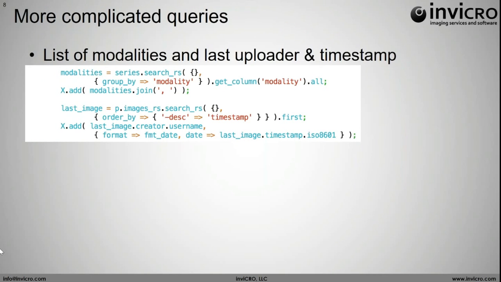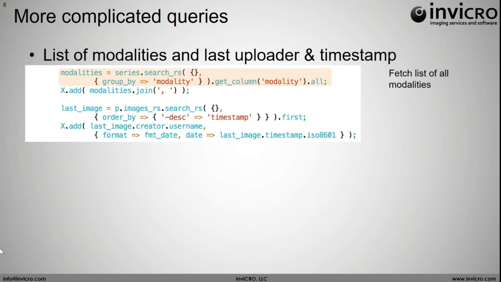Then, as another more advanced feature where you have to go a little bit more into the database, that might be harder for end users to do, but it's something that the database provides, and if you know how to do it, it's actually not that hard. It is selecting all the modalities in a project, as well as when the last image was uploaded, and who uploaded it.